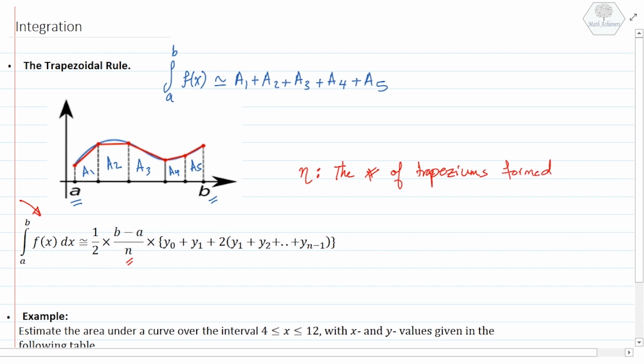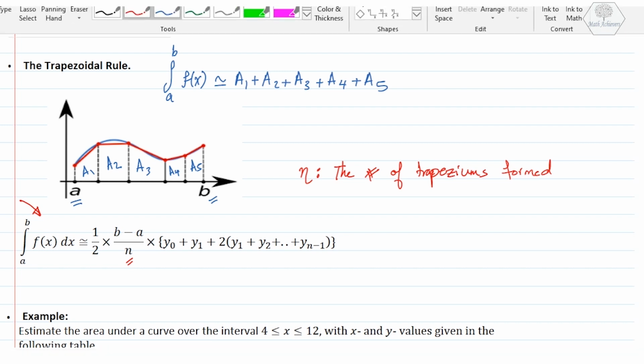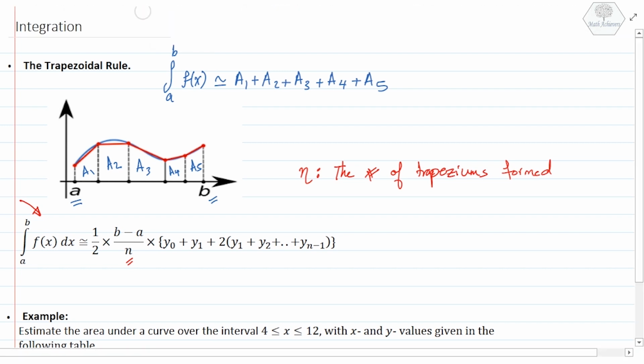Let's say I have how many values in here? In this case, I have 1 value, 2 values, 3 values, 4 values, 5 values, and 6 values. So in this case, I have 5 trapeziums for 6 values, so n is equal to 6 minus 1.